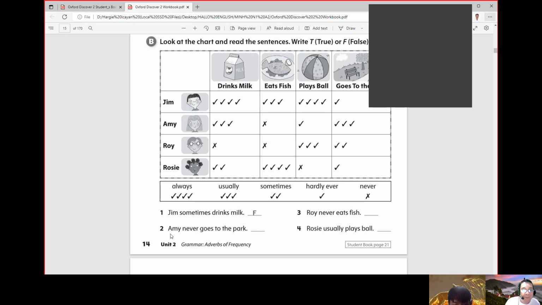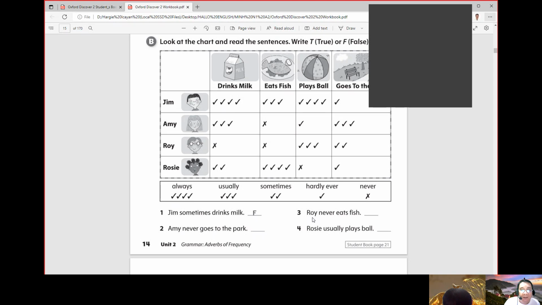Number two. Ami never goes to the park. Is it false? Why is it false? Because Ami usually goes to the park. Number three.